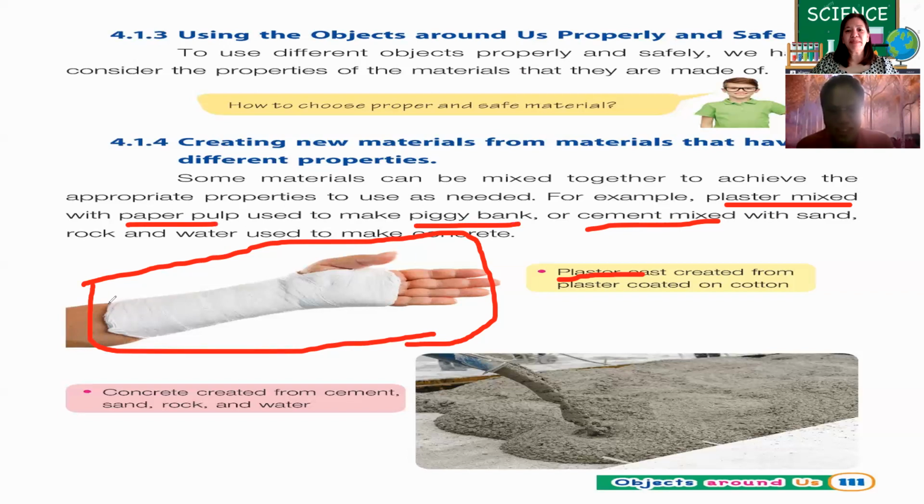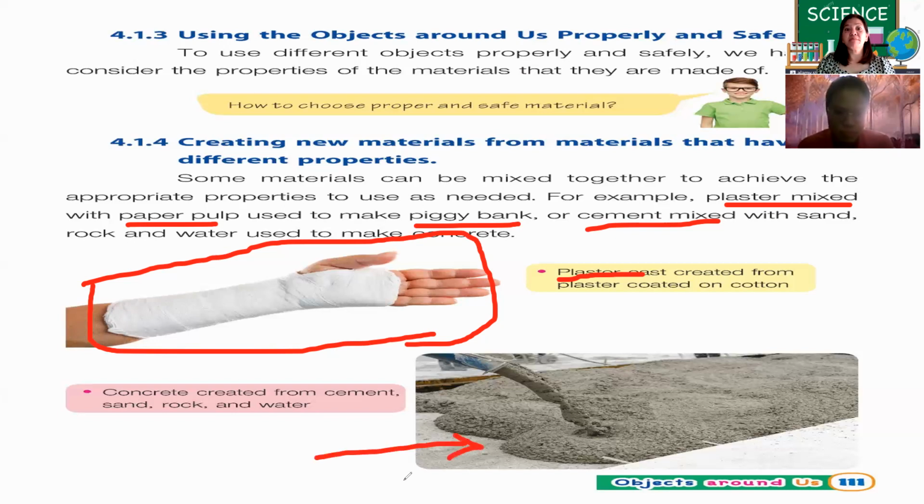This plaster cast, we usually use this in hospitals and clinics. When you have fractured bones, we need to cement it. But this is a different kind of cement. This is a very sensitive cement because it is only used in medical. And we have the other cement here.